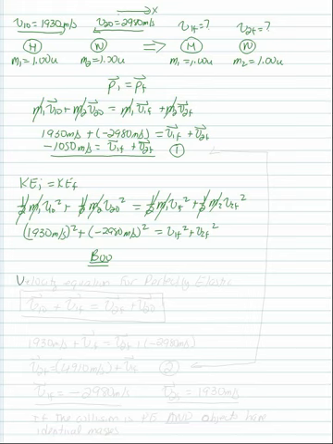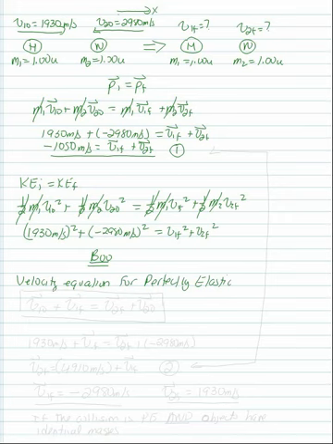It is called the velocity equation for perfectly elastic collisions. And it is expressed a number of different ways, but when it is derived, which we're not going to do, this is what it looks like.